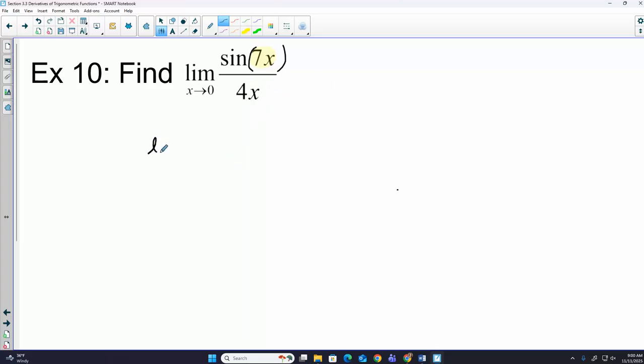So here's what I'm going to do. The limit as x approaches 0. What if I multiply this thing by 7 over 7?